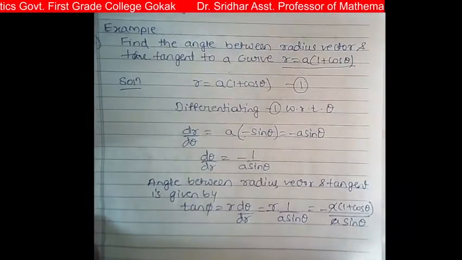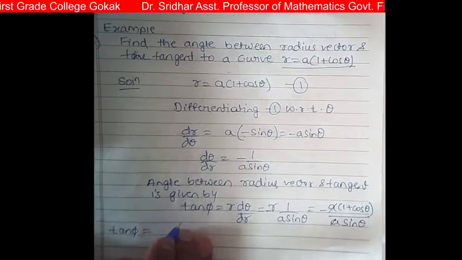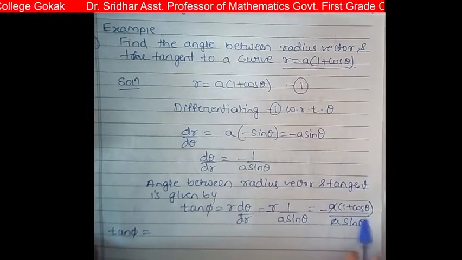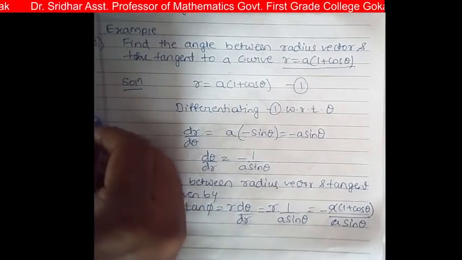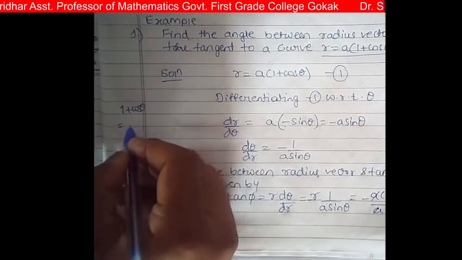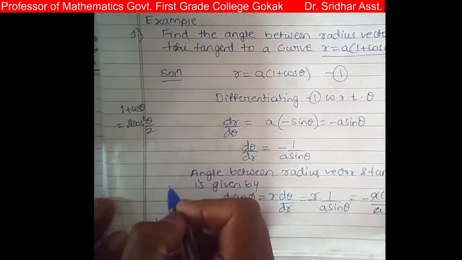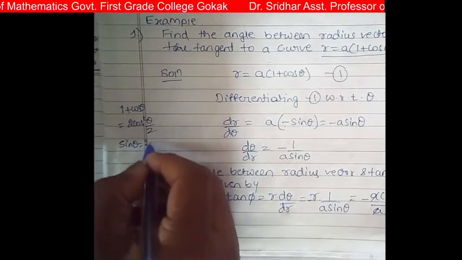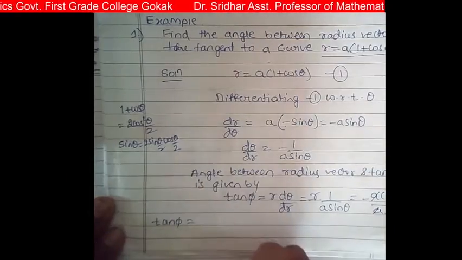Now simplifying this, tan phi is equal to, from the trigonometric identities, 1 plus cos theta can be written as 2 cos square theta by 2, and similarly sin theta is written as 2 sin theta by 2 cos theta by 2.